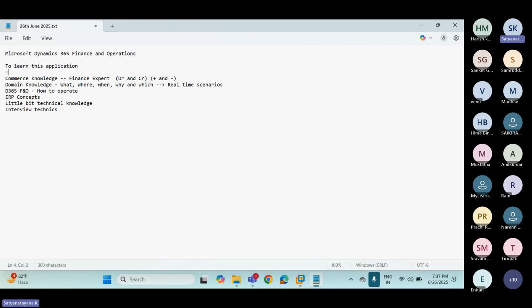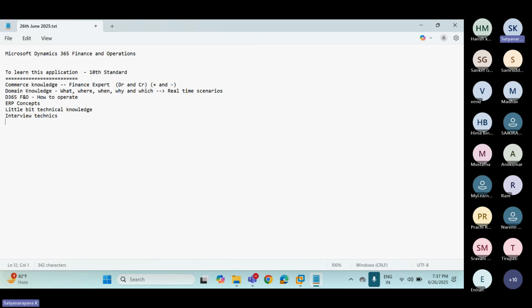So to learn all these skills, the qualification required is 10th standard. If you complete your 10th standard, that is enough to learn this application.